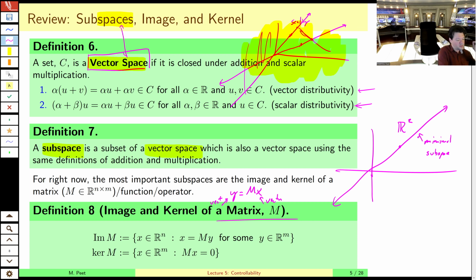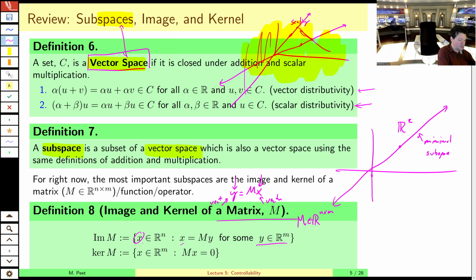So it's a set of y's for which there exists some x such that y equals mx, x in Rn, so vector space. This is a matrix M of dimension n by m.